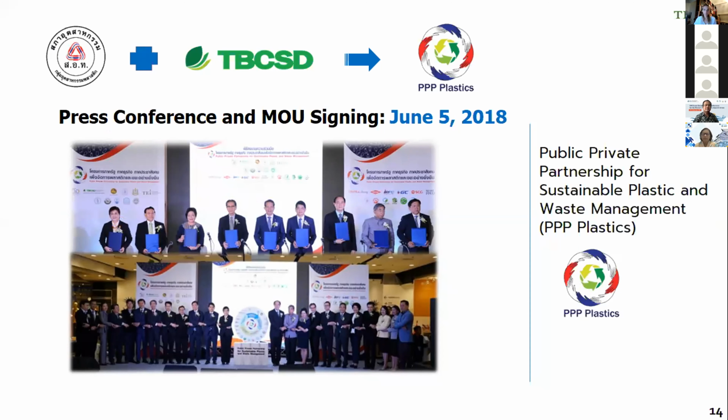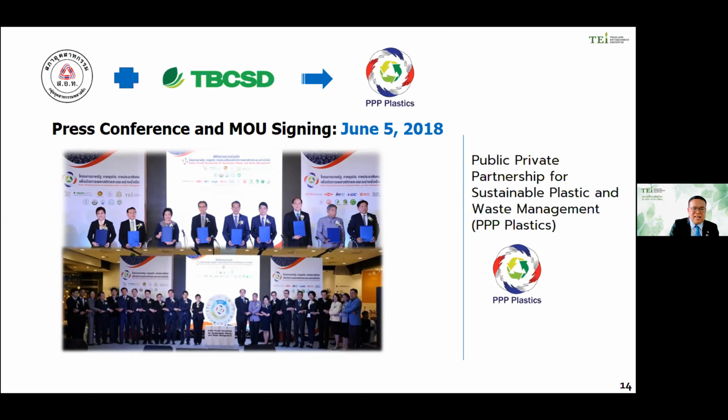The forum was started on World Environment Day, June 5th, 2018. PPP Plastic helps to support national targets and regional and global commitments, including the national roadmap and action plan on plastic management, the ASEAN Roadmap and Action Plan, and BCG, especially the circular economy that I mentioned earlier.